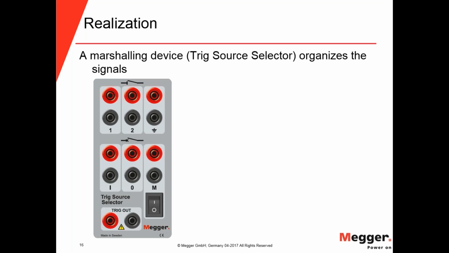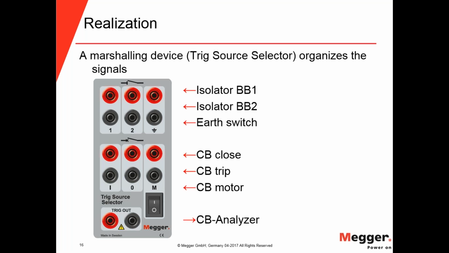Because when testing a whole bay, you want to test the isolator switch for bus bar 1, the isolator switch for bus bar 2, and the earthing switch, and you do this for close and trip and motor for the circuit breaker. The commands for each of these switching devices can be paralleled into this box.